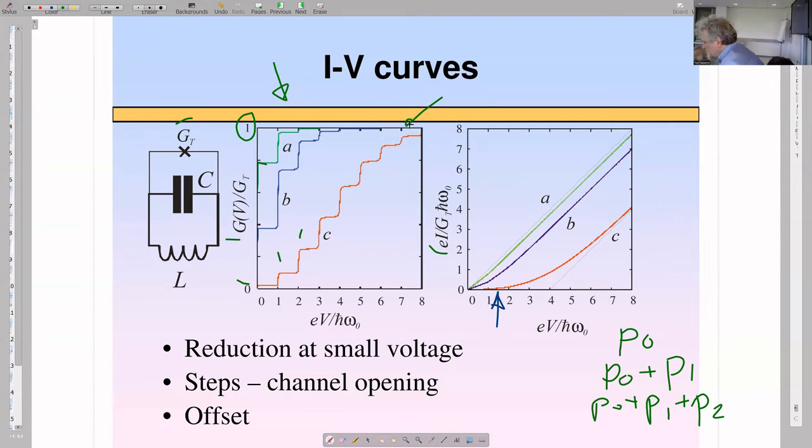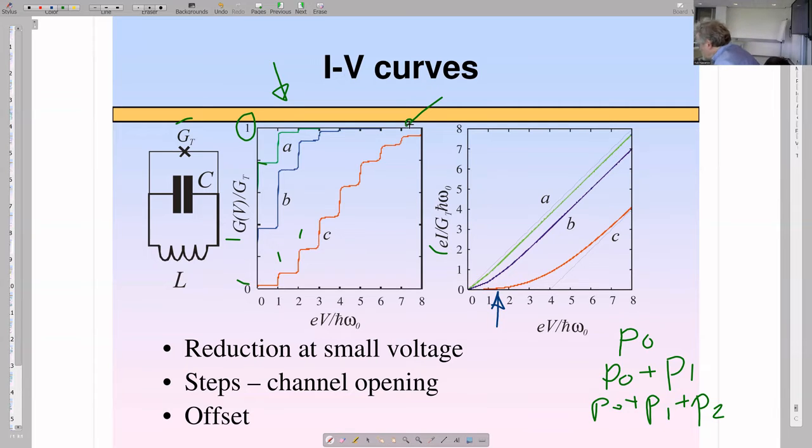Because conductance at large voltage is almost unperturbed by emitting of quanta. There's enough voltage to emit everything.